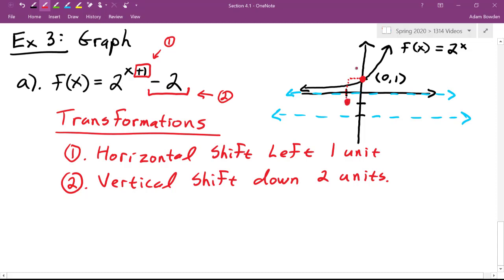So that point will move over 1, down 2. And then we can draw the basic shape, much like we have up above, to go something like this. Again, this is just a rough sketch of what happens when we have this function here, but that should show us approximately what 2 to the x plus 1 minus 2 would do after applying the transformations to it.